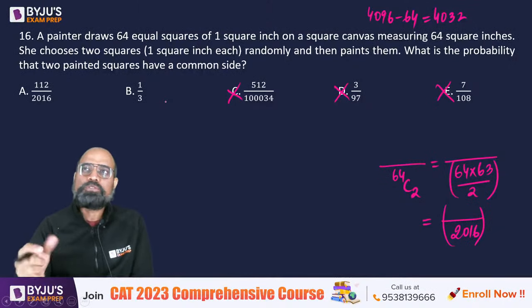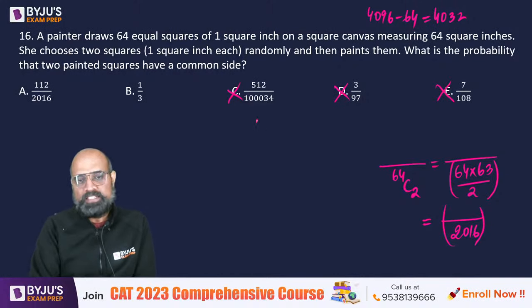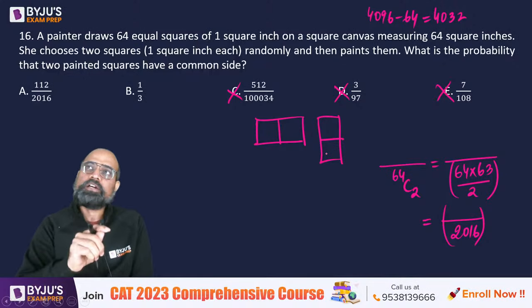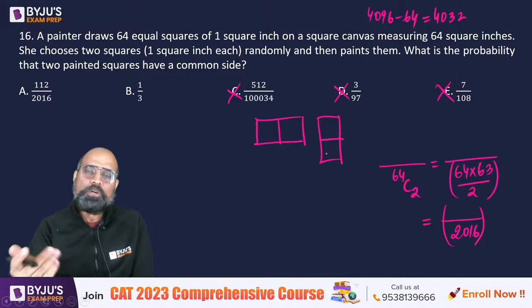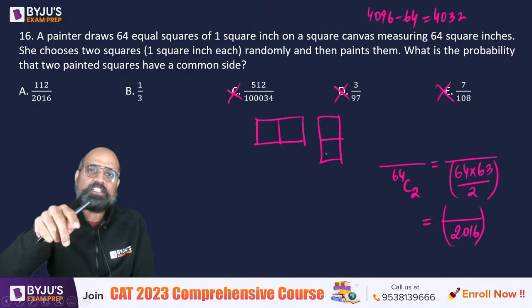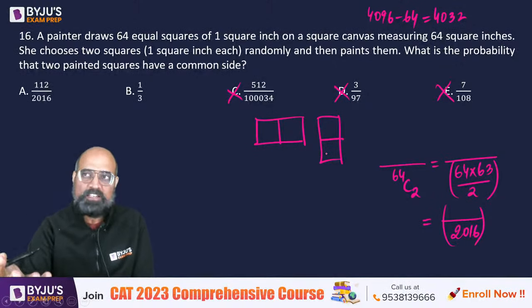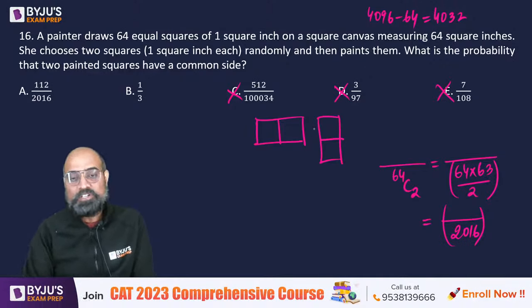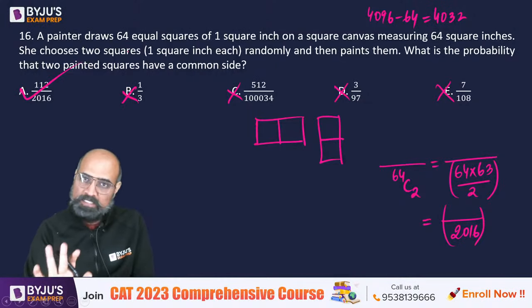And if you randomly choose two squares, 64C2, and if you take two squares such that they're adjacent, they may look like these squares like these, or maybe the squares like these. तो ऐसा करोगे अगर तो क्या you will get 1/3 of total? No, because if I choose one square तो उसके adjacent में I can have 2 or maybe 3 or maybe 4 such cases. But randomly if I choose, there are going to be a lot of different cases, right? तो वो तो 1/3 तो नहीं है. So looking at the denominator and realizing that A is the answer.